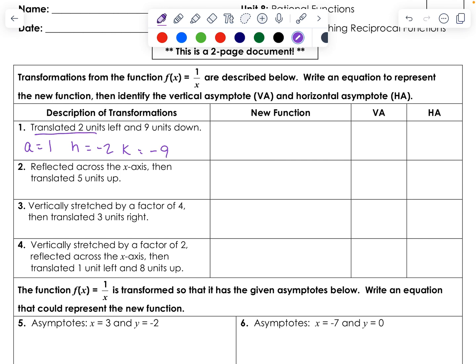So f of x equals 1 over x minus a negative 2, so it's going to be plus 2, minus 9. Then my vertical asymptote, remember, is x equals h, so x equals negative 2, and y equals k, so y equals negative 9.